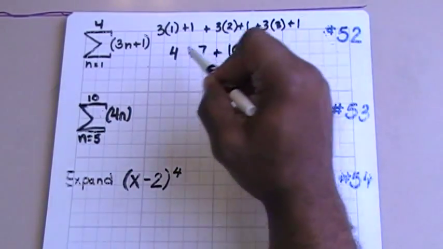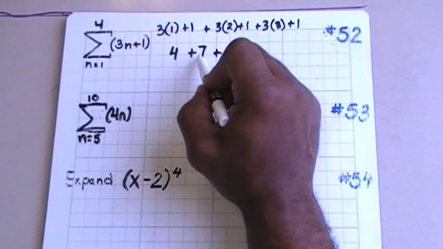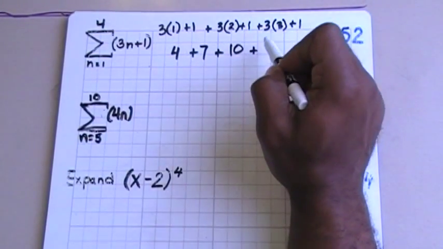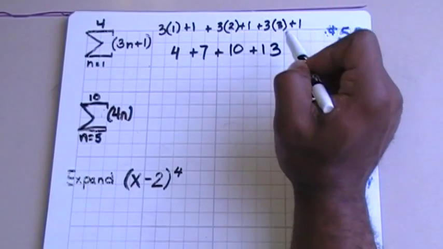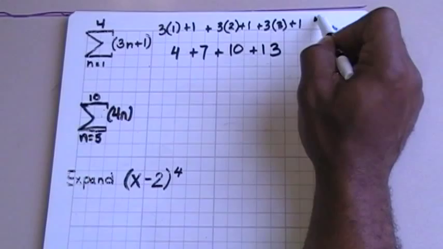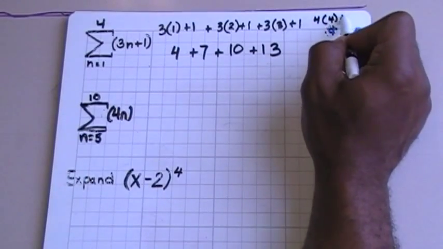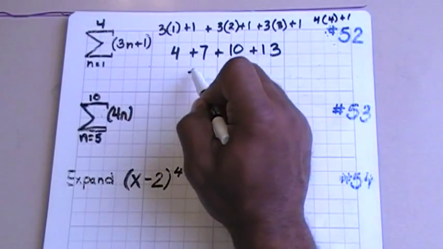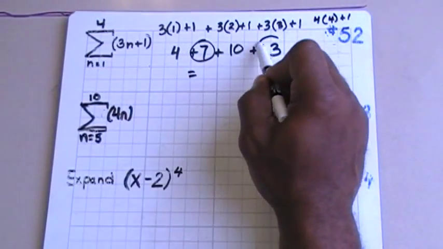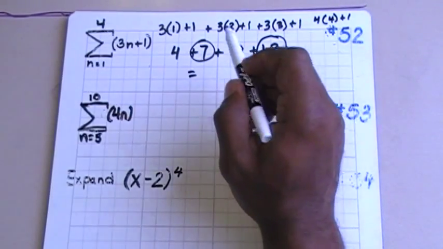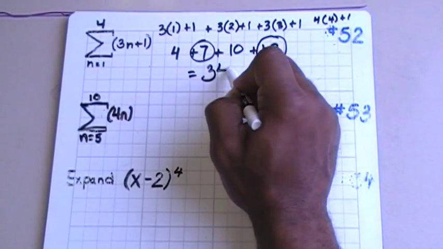You can kind of see what's going on, right? 4, 7, 10. What's the next value? 13. You want to check it? 3 times 4 plus 1, that's giving us 13. So then we just add these values up. That plus that will give me 20, plus 10 would give me 30, so the answer should be 34.